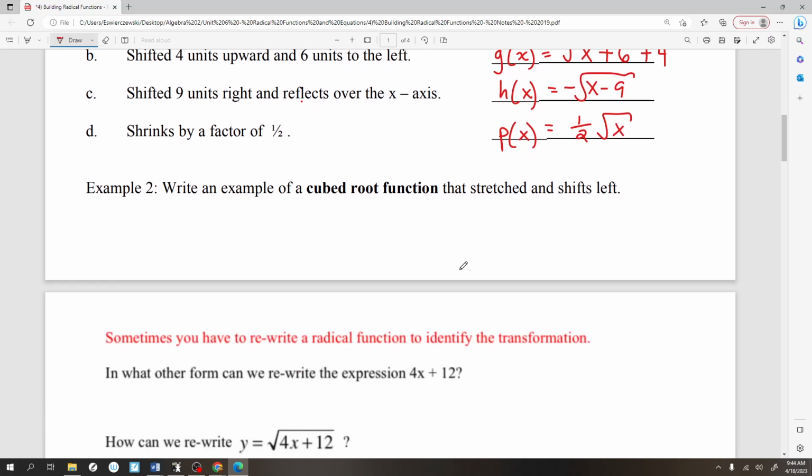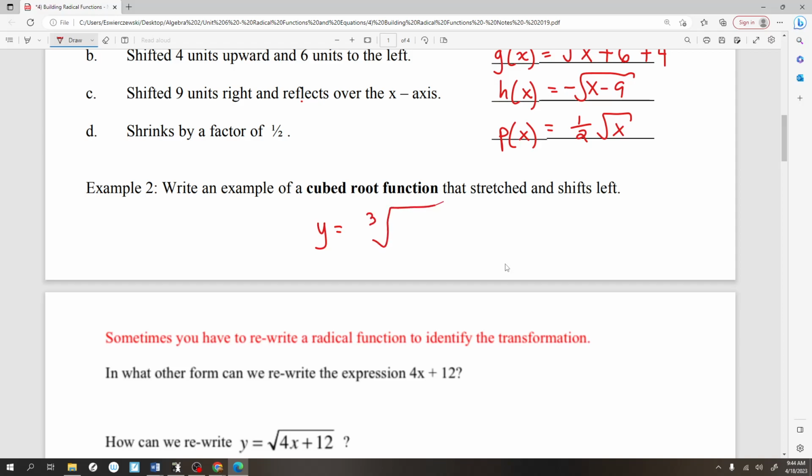Write an example of a cube root function that is stretched and shifts left. So let's do y equals the cube root.